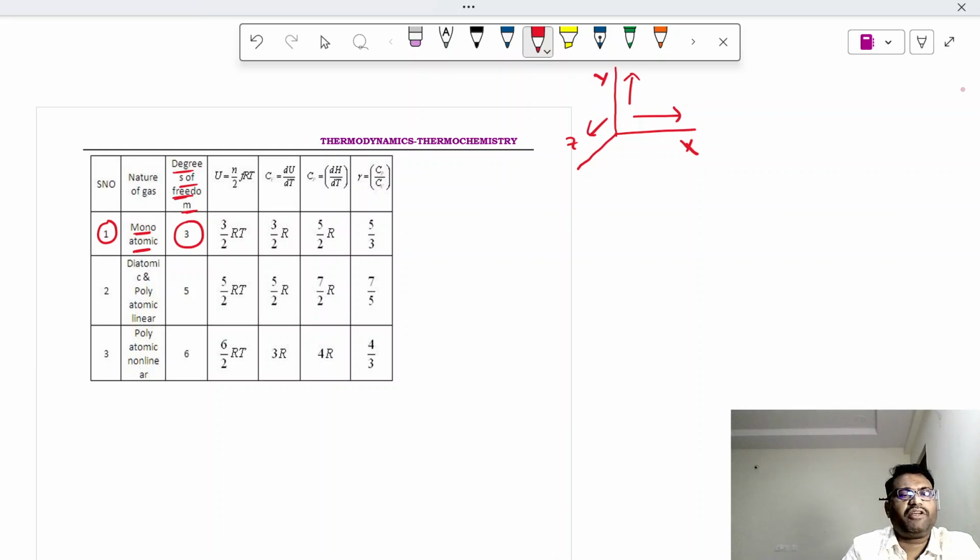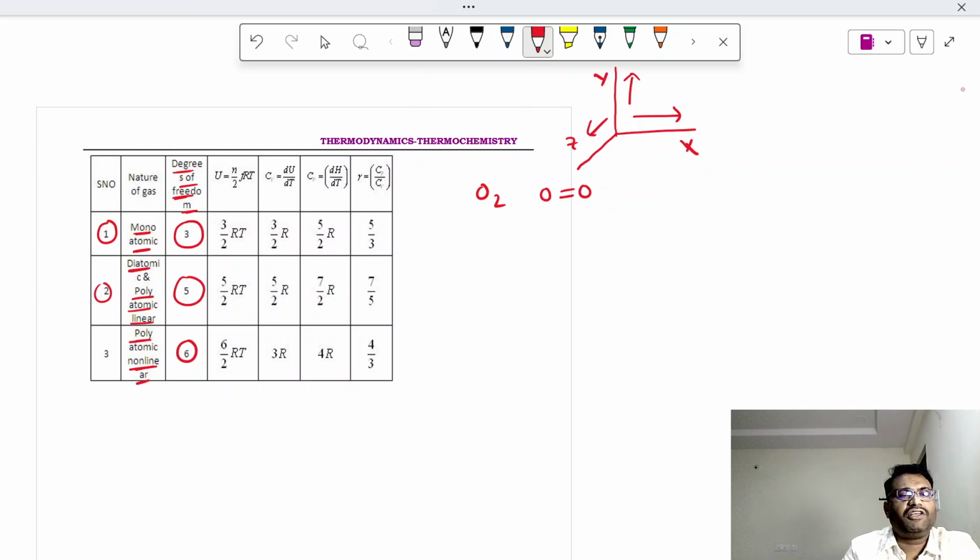Likewise, diatomic and polyatomic linear gases, for example O2, a linear gas, have 5 degrees of freedom. Along with linear motion, it can also rotate, due to that its degrees of freedom will be 5. Polyatomic gases which are non-linear, with different shapes, have 6.